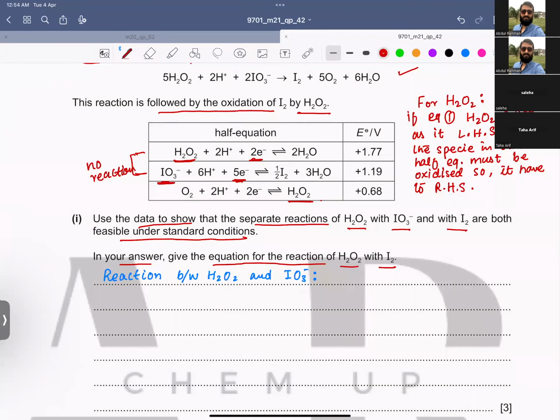Is this understood by everyone? If one is gaining the electron, then the other must lose the electron in order for the reaction to occur. Is this point clear or not clear? Yes, sir.